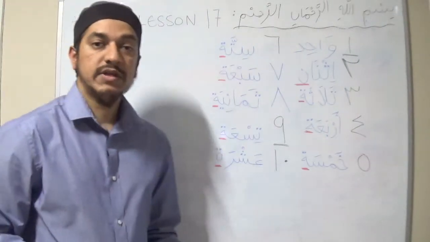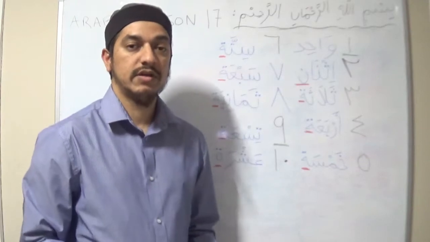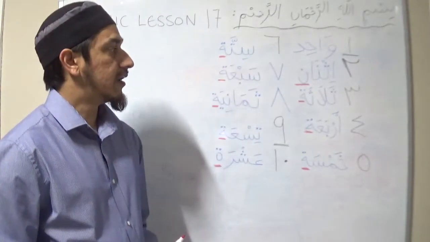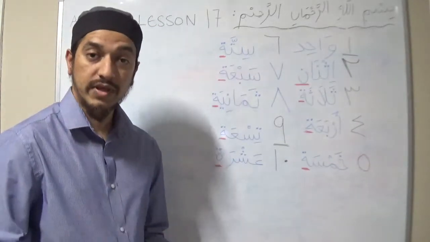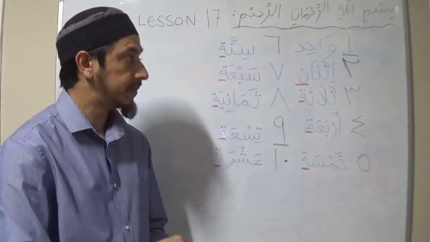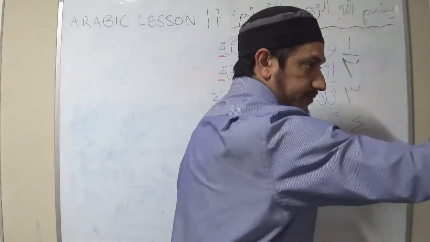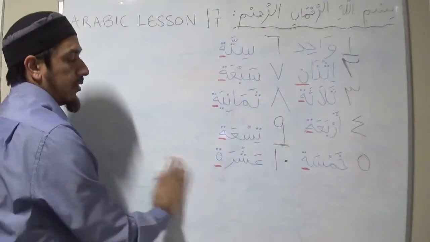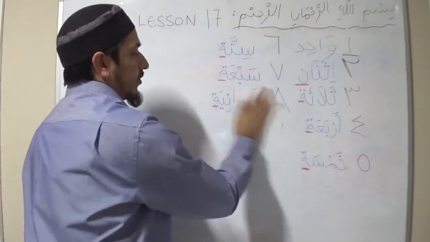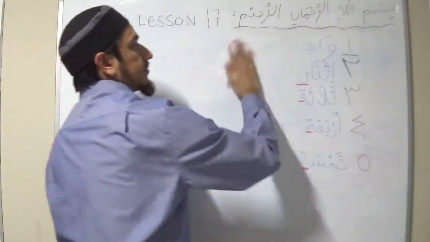So that's the numbers, and we will see that as we start using numbers in our lessons in the future, inshallah. That's the first section done, and now we move on to a bit of recap of what we've already looked at previously.